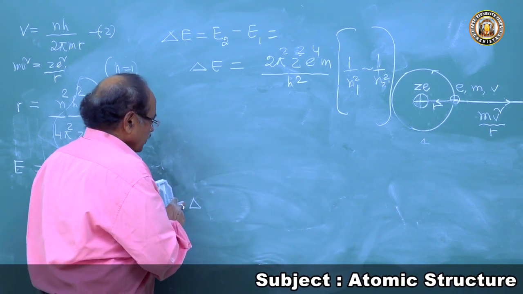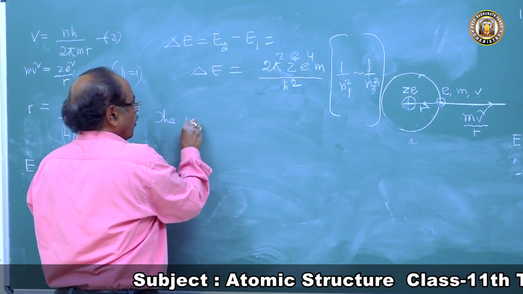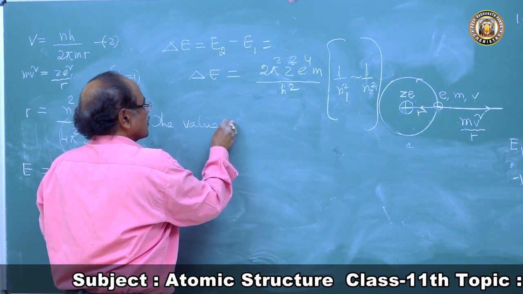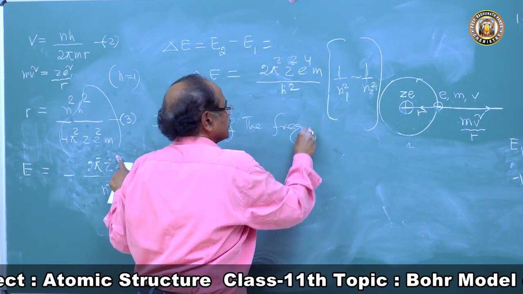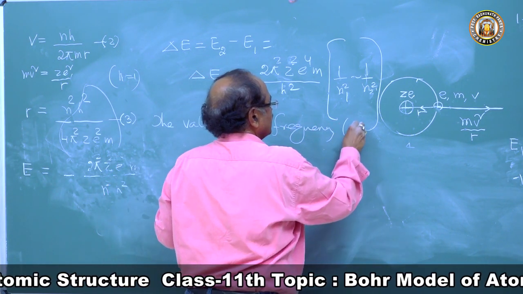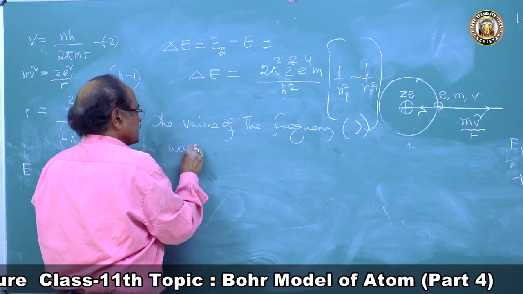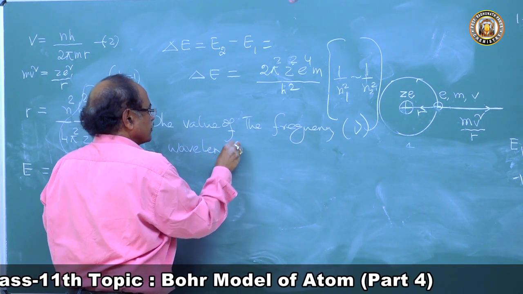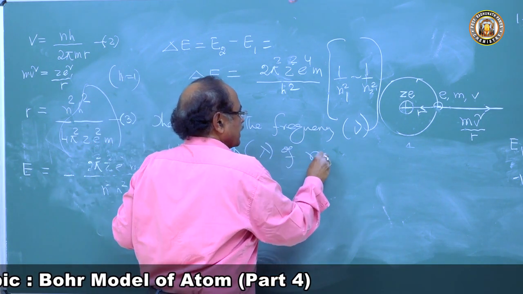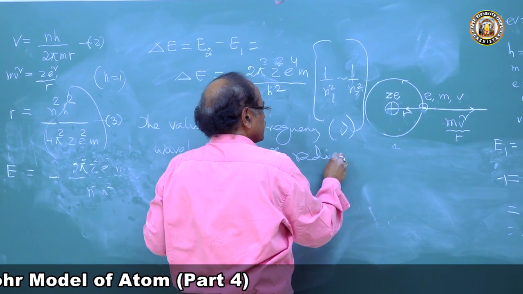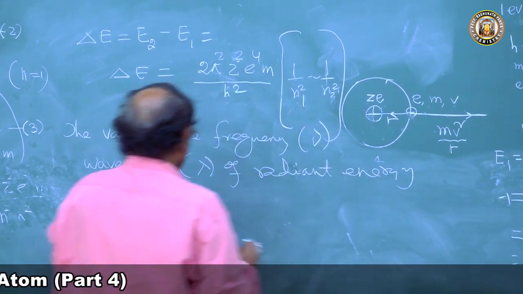Now from this value, the frequency, that is nu, and the wavelength lambda of the radiant energy could be calculated.